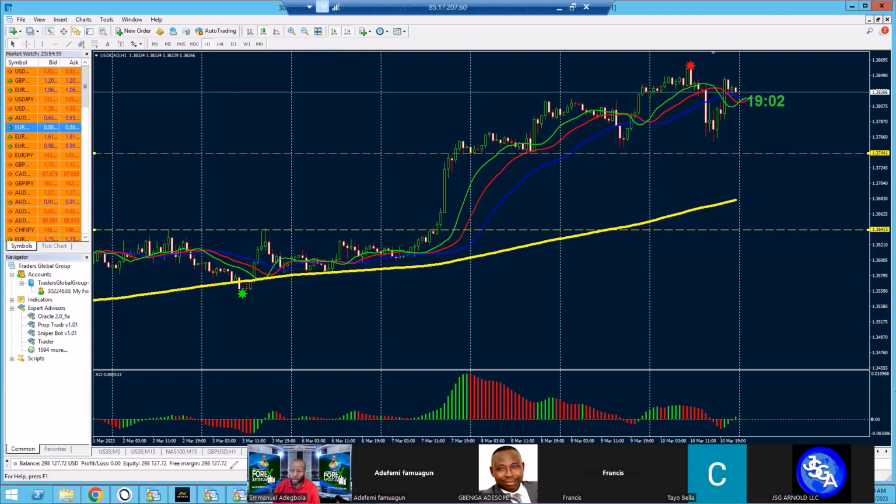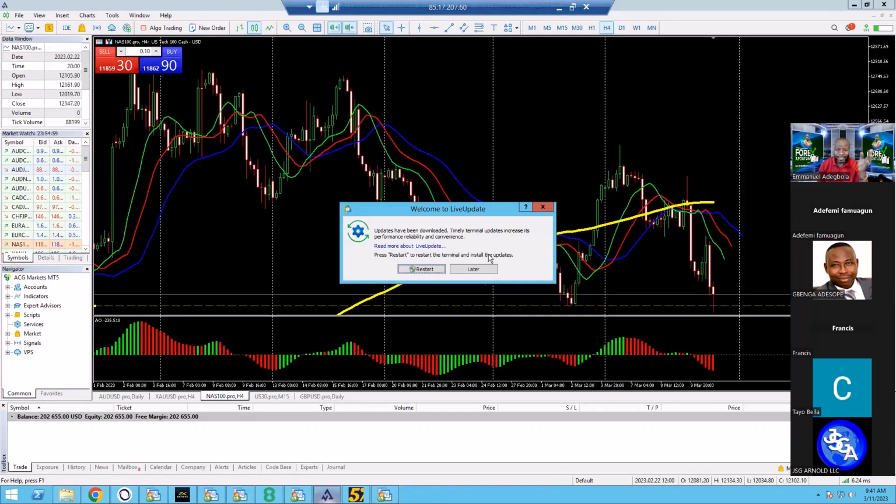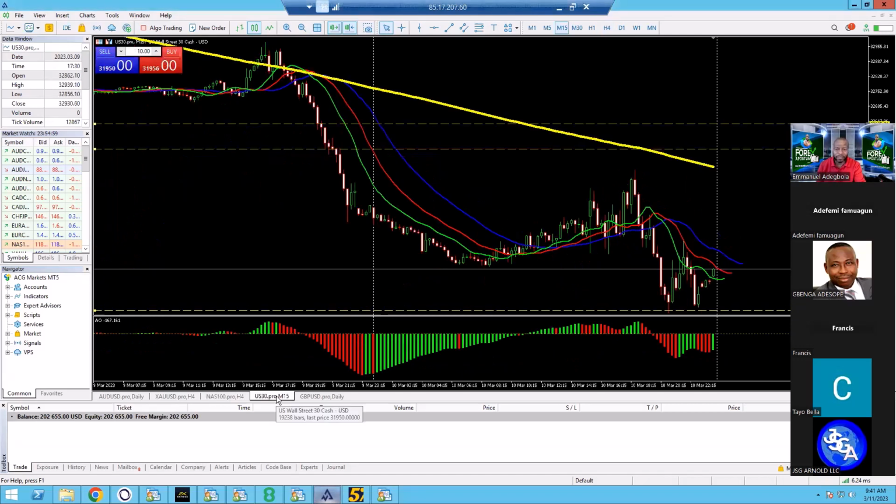The second way you can do this, if you are using MT5, the same thing you can do on MT5. As you can see, this is the same pair we talked about right there.